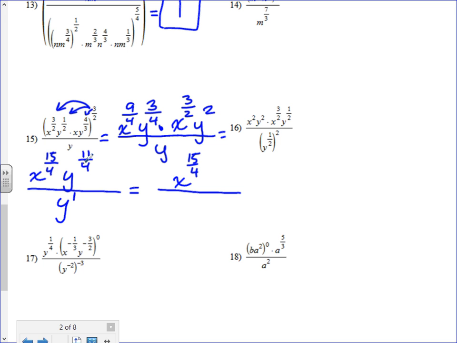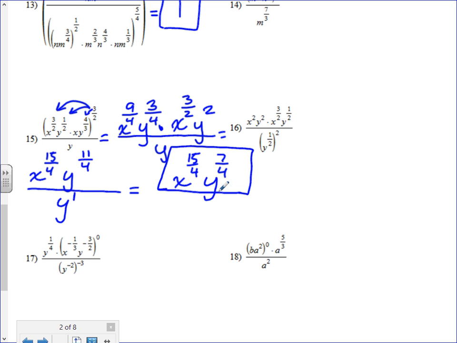So 2.75 minus 1 gives you y to the what? 7 over 4. And if you put negative 7 over 4, that's not right. You also need to know which one is bigger because you need to know where to put y. If 1 is bigger, then y goes in the denominator. But if 11 over 4 is bigger, then y stays up here in the numerator.